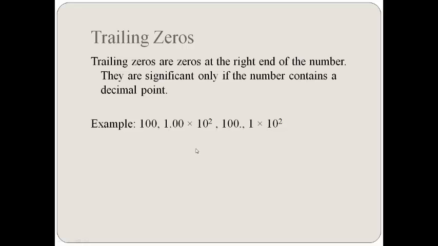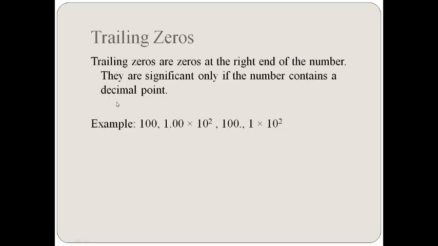The last one is trailing zeros. Trailing zeros are zeros at the right end of the number. They are significant only if the number contains a decimal point. So what does that mean?